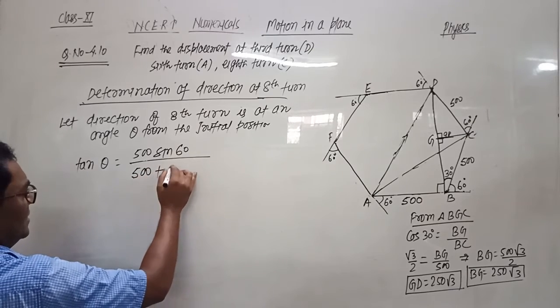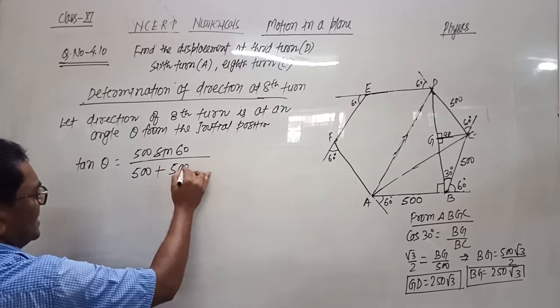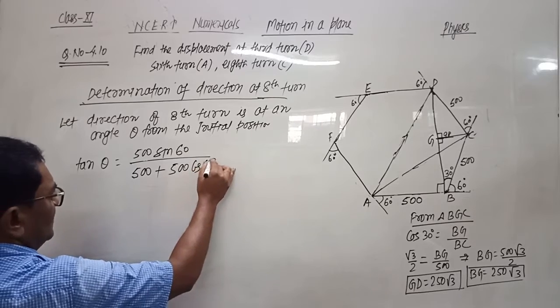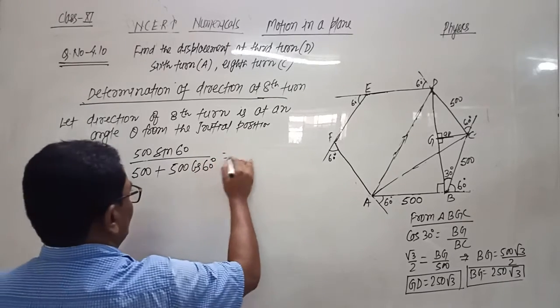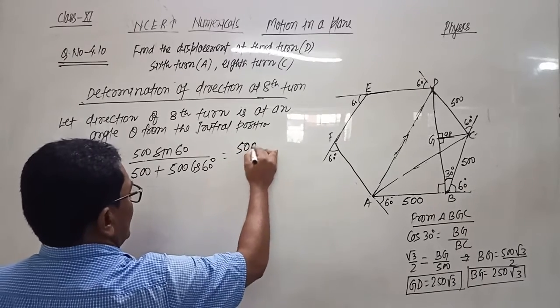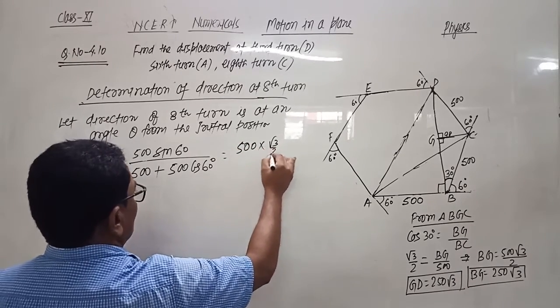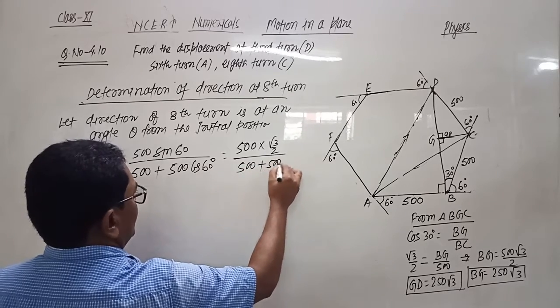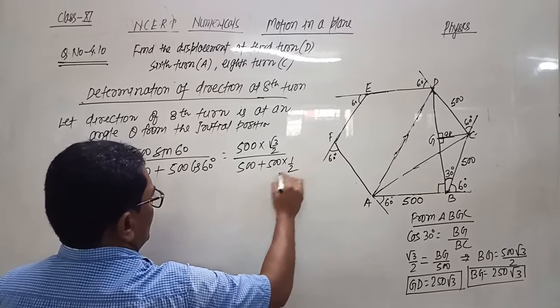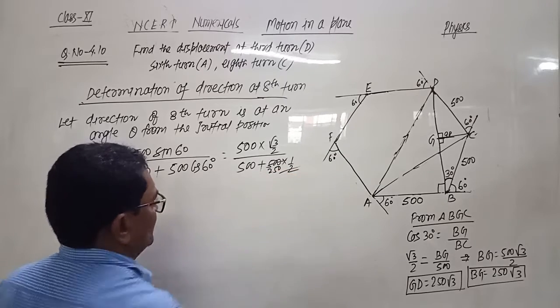Alpha is 60 degrees and P means 500, so 500 sin 60 degrees upon P 500 plus Q, which is also 500, and cos alpha means cos 60 degrees. Now put in the values: sin 60 degrees is root 3 by 2, and 500 plus 500 into cos 60 degrees, which is 1 by 2, gives 250.